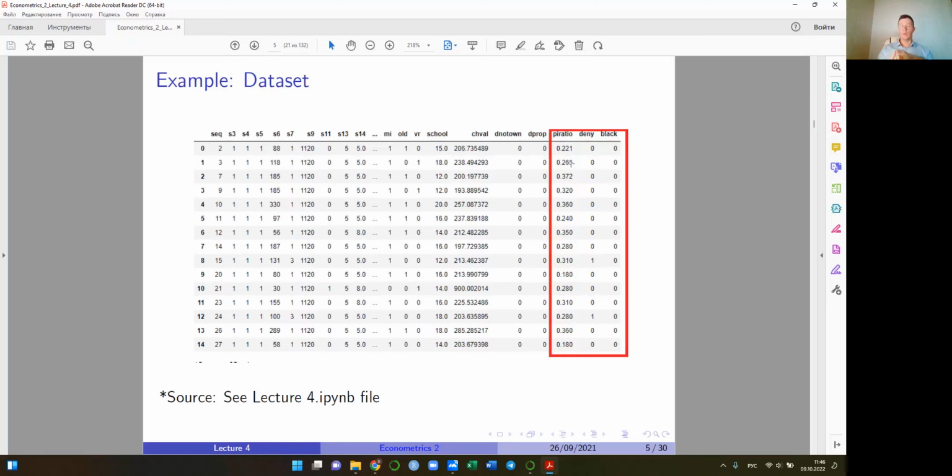So in principle, if you pay more out of your income, this is more difficult for you to maintain this loan, and most probably your application is going to be rejected. So we expect that PI ratio on average is higher for those applications that have been denied. And binary variable black, which is 0 for non-black persons and 1 for black applicants.